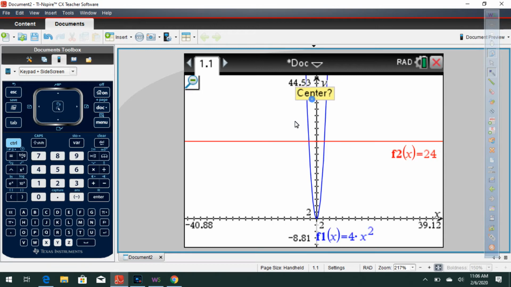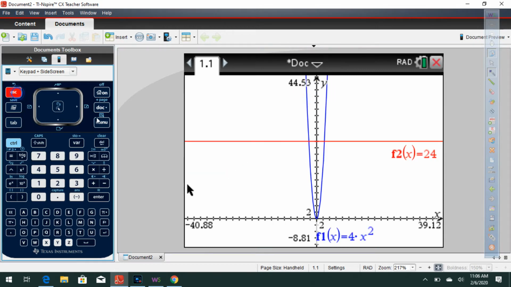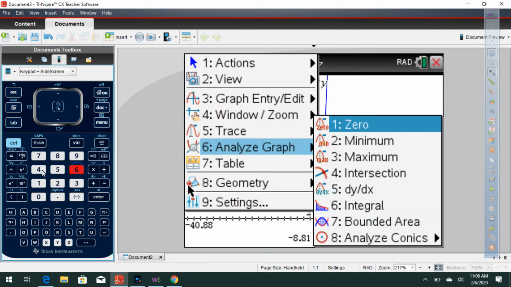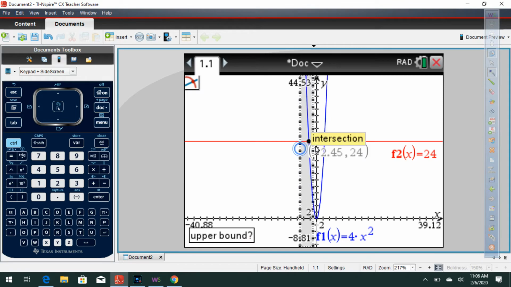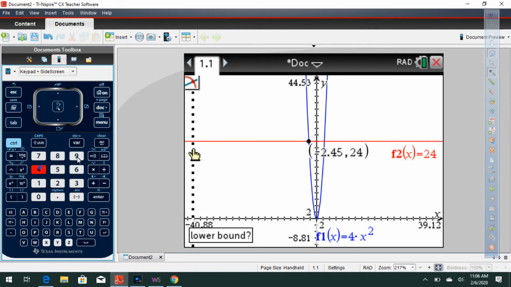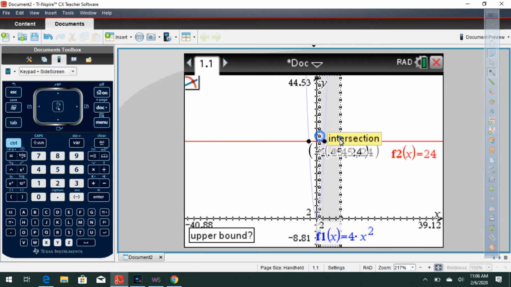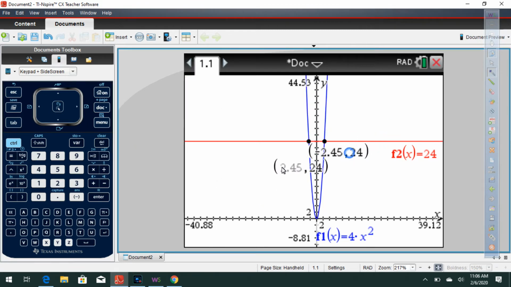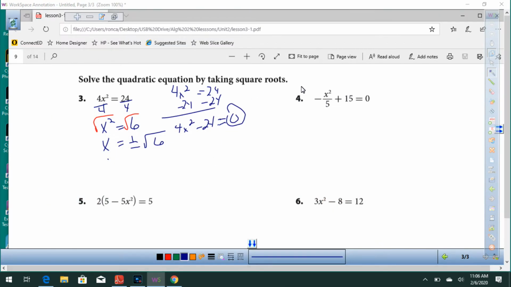So zoom, there it is. Menu 6, 4. And 2.45 and negative 2.45. Okay, so you can still do it all three ways.